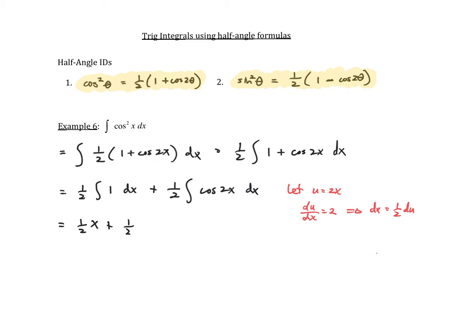We're going to have the 1/2 integral of cosine of u, and then we're going to have a 1/2 du. So yet again, I see I have a constant times the integrand, so I can move that constant outside, and I'm going to get 1/2 x plus 1/4 integral of cosine of u du.